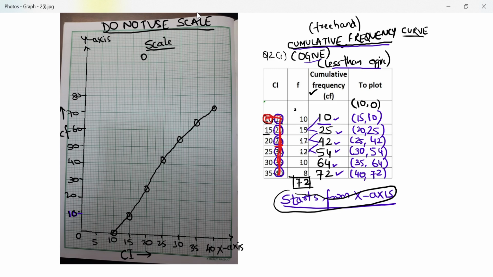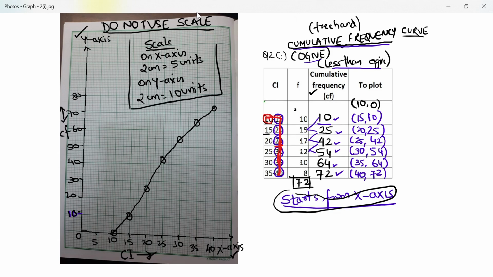On the x-axis I have taken 2 centimeters equal to 5 units, and on the y-axis I have taken 2 centimeters equal to 10 units. Let's check if I've got everything correct. Number 1 x-axis written, number 2 y-axis written, what I have plotted here written, what I have plotted here written, and my scale. Perfect. Thank you. I will see you soon with the next question.